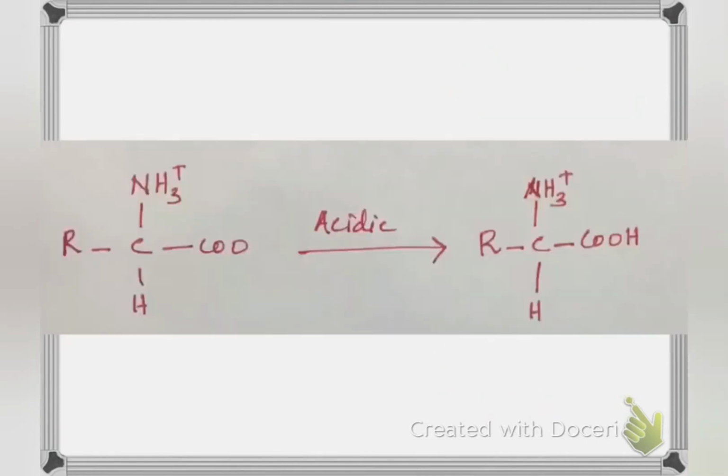Now let us see what happens to the Zwitter ion in two different conditions: one is acidic condition and another is basic condition. First we look into the acidic condition. Acidic condition means there is more H plus concentration, or the hydrogen ion concentration is more.